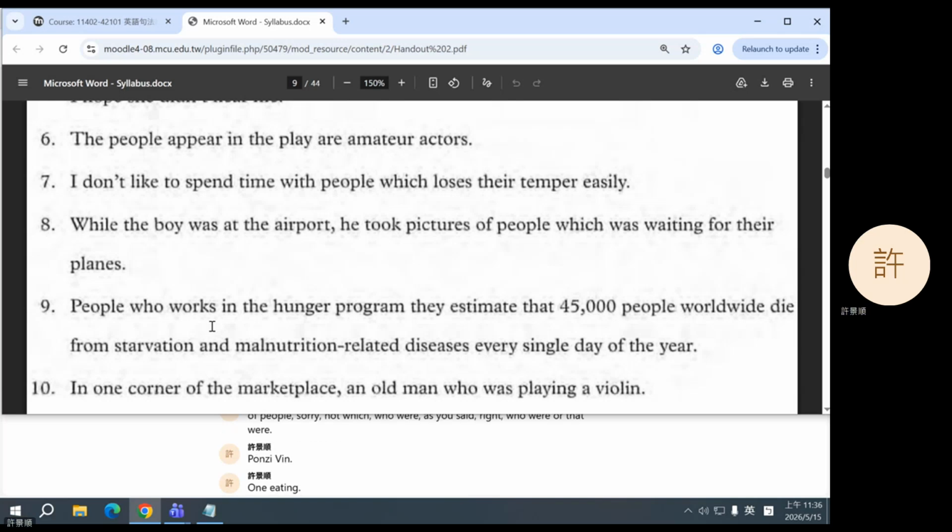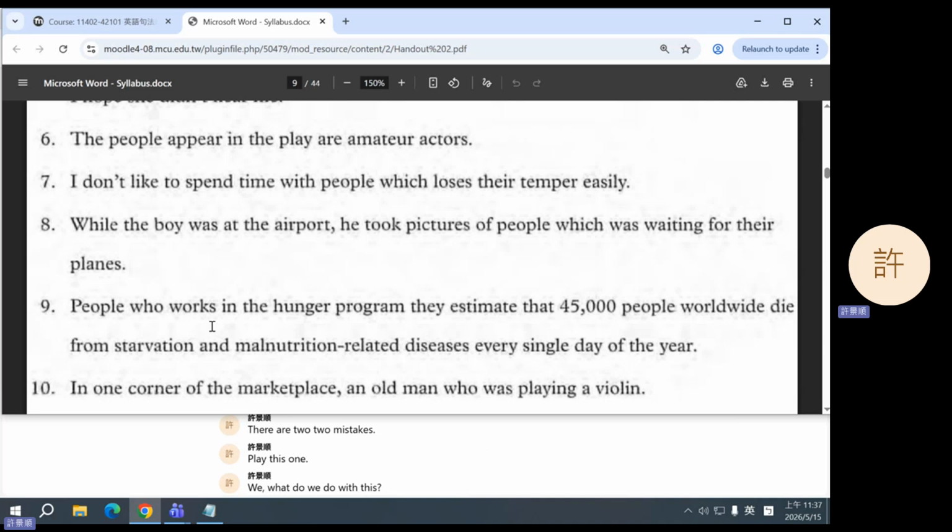Number 9, please. Did you find the mistake in number 9? There are two mistakes. "They," this one. What do we do with this? Delete?